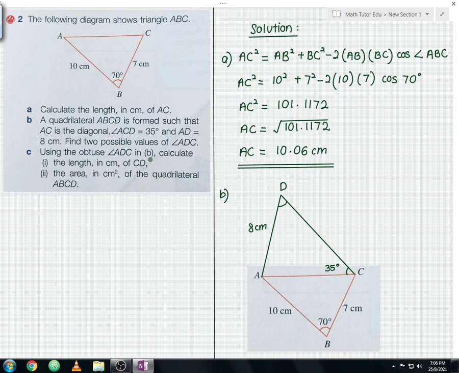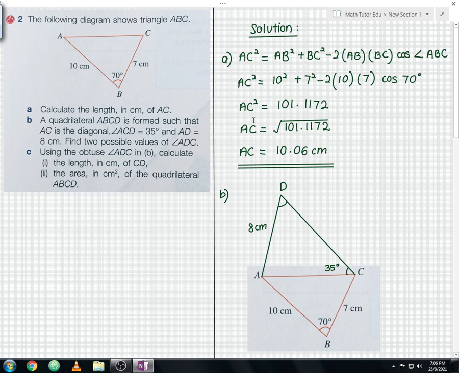So in order to solve the question part C, you need to come up with another sketch. The one you are looking at right now is the sketch we came up with, assuming that angle ADC is an acute angle, but now we need to use the obtuse angle.